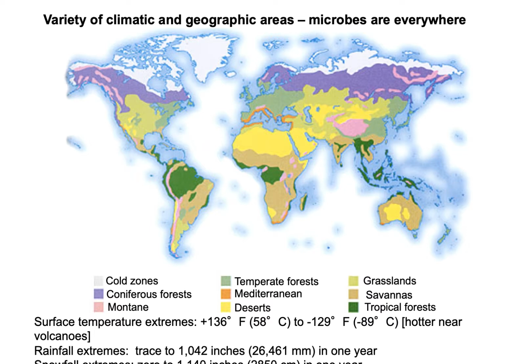And I should also mention that there are organisms living near thermal vents on the ocean floors, some at very high pressures. And so they have to have proteins that can survive and function under those hot conditions, cold conditions, high pressure conditions as well.